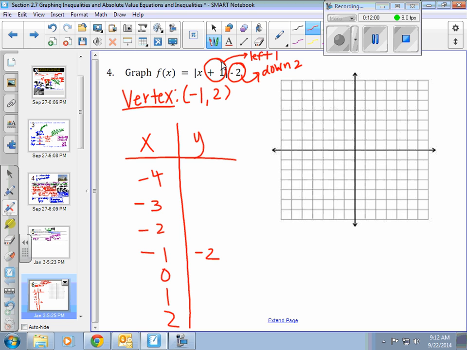The absolute value of negative 3 is 3. 3 minus 2 is 1. Negative 3: negative 3 plus 1 gives me negative 2. Absolute value of negative 2 is 2. 2 minus 2 is 0. And you fill in all of this table. Then you plot all the points. So negative 4.